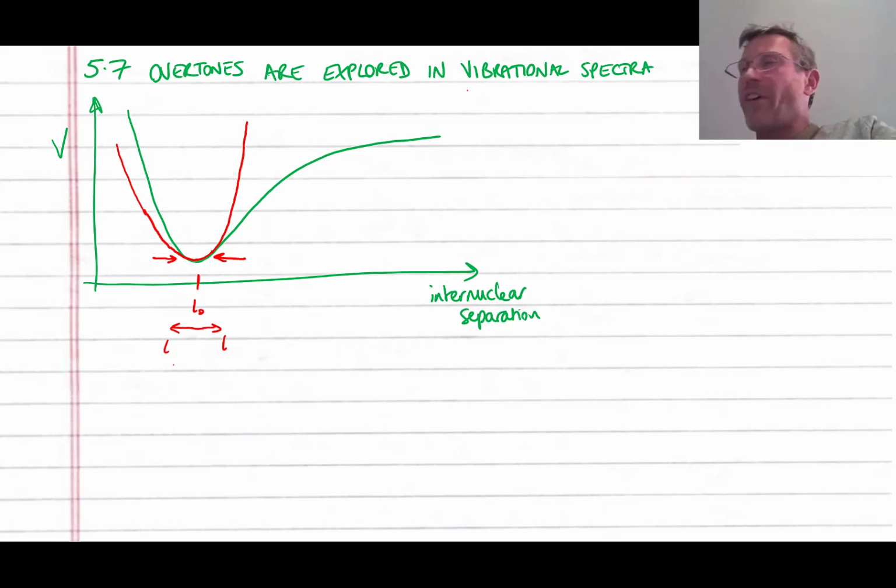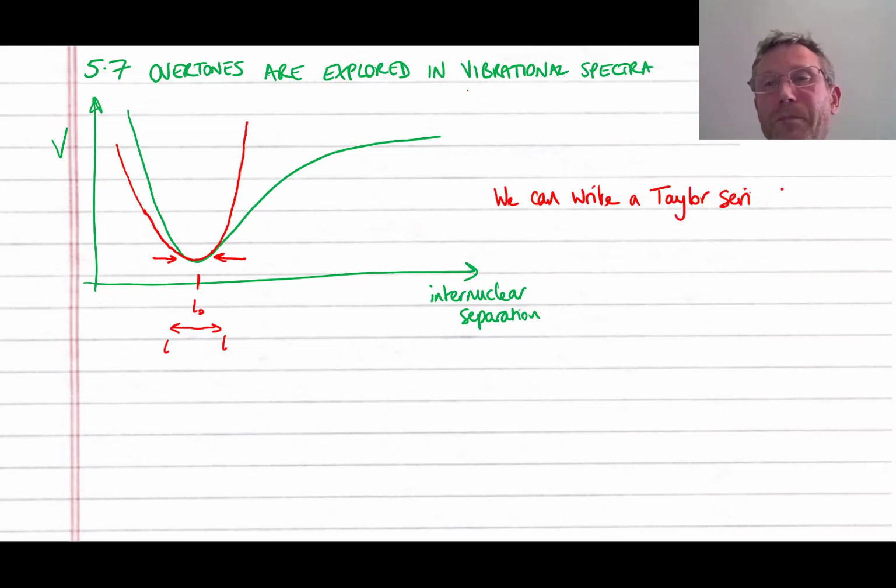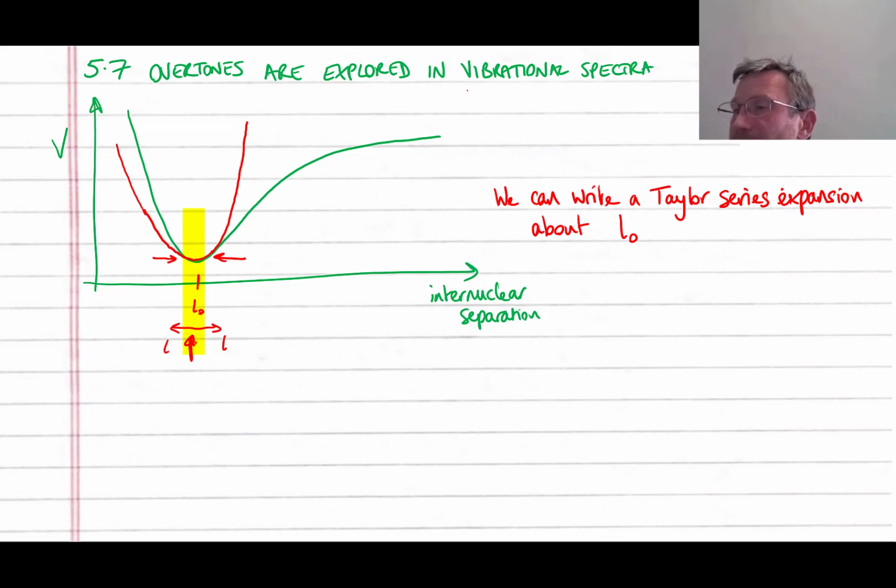So what section 5.7 does, I don't know that they do such a fantastic job here, but what we're going to recognize is that we can write a Taylor expansion about L naught, so about that equilibrium position. And what we get is the following expression. So let's change color.